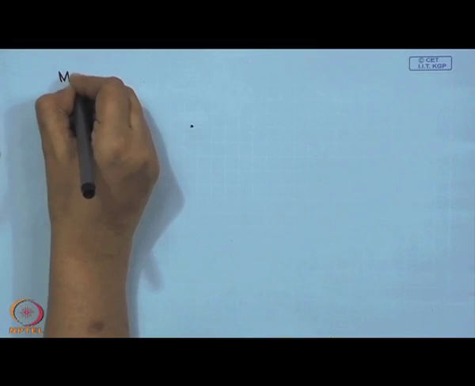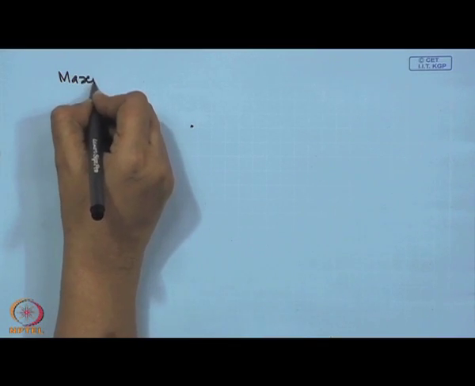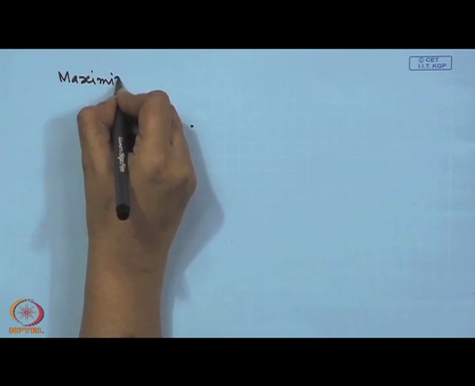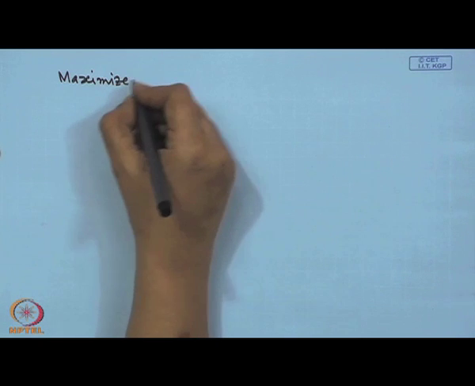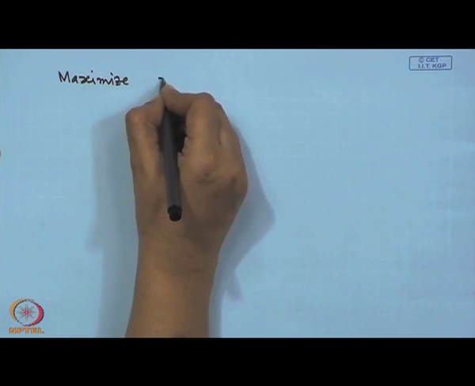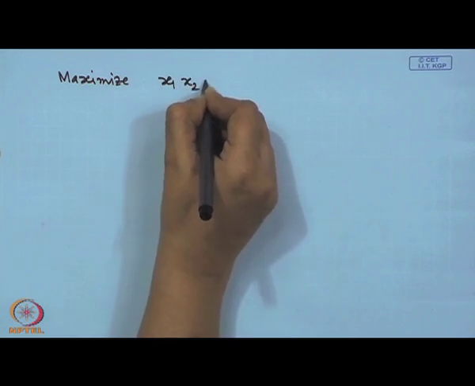Let me take one simple numerical example, then it would be clear to you. Corresponding to this model, where we are considering the single additive constraint and multiplicative separable returns, there are 3 decision variables, x1, x2 and x3.